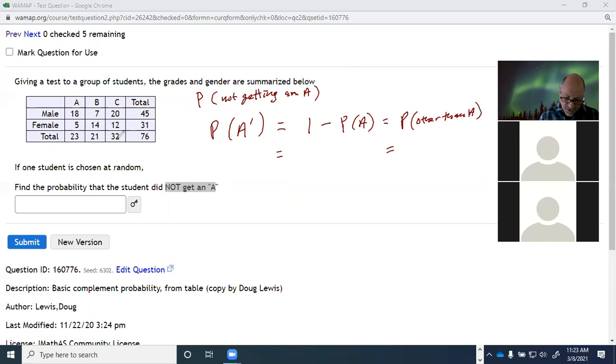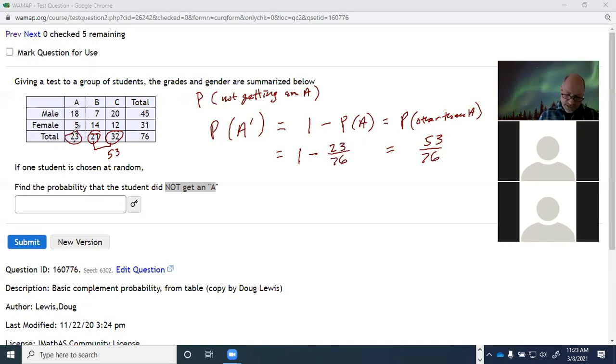That means they could have gotten a B or a C, which means there's 53 ways out of 76 that they got something other than an A. Or you could take 1 minus the probability of getting an A, which is 23 out of 76.